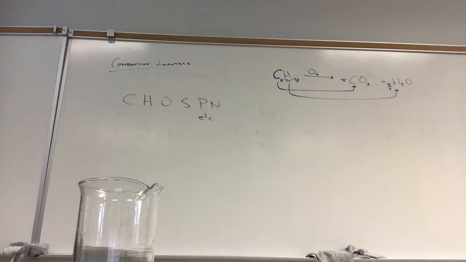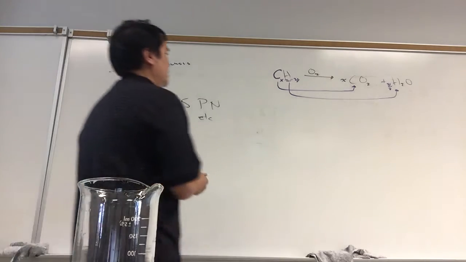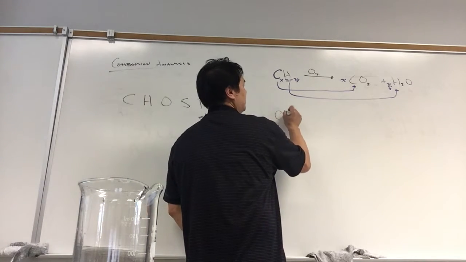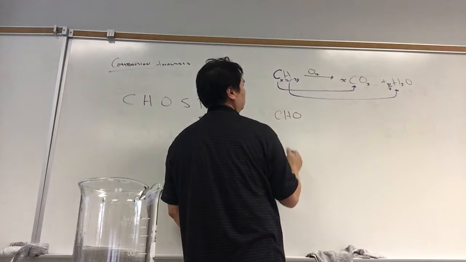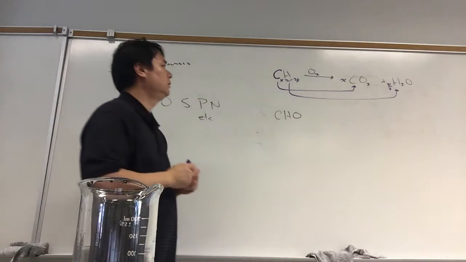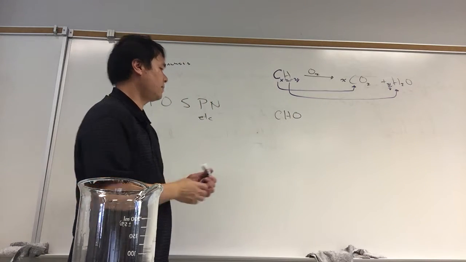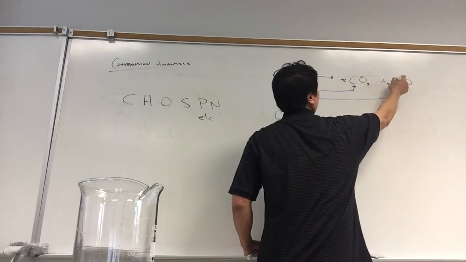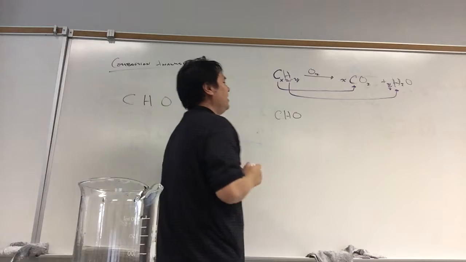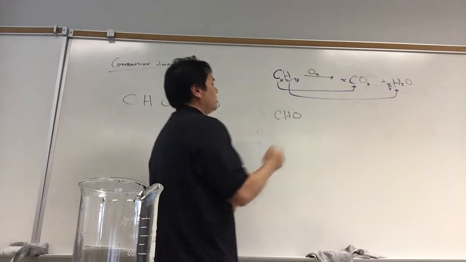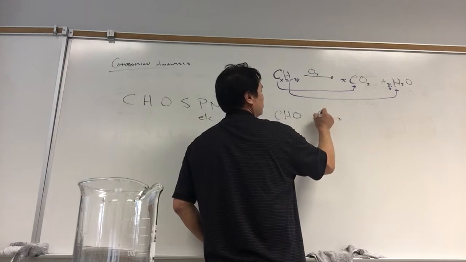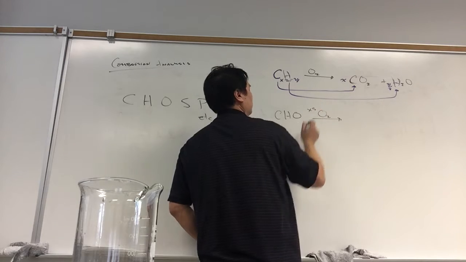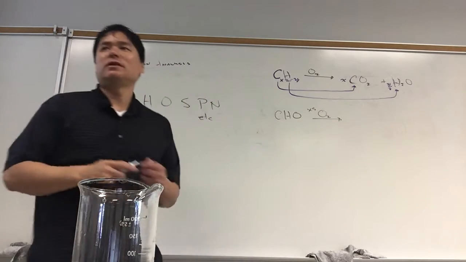And then it gets a little bit more complicated when you have a CHO. If you have a CHO, then we have to do an extra step to figure out oxygen. Because if we're doing CHO, the complication comes when we burn this in excess O2, and so we lose track of the oxygen.